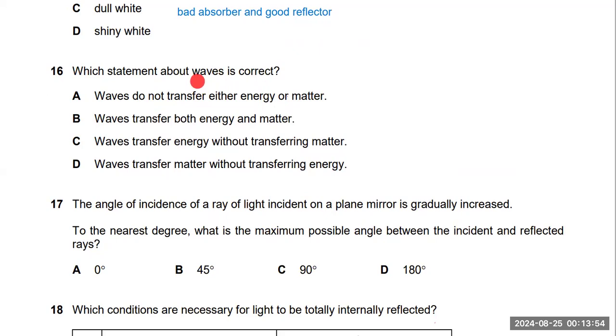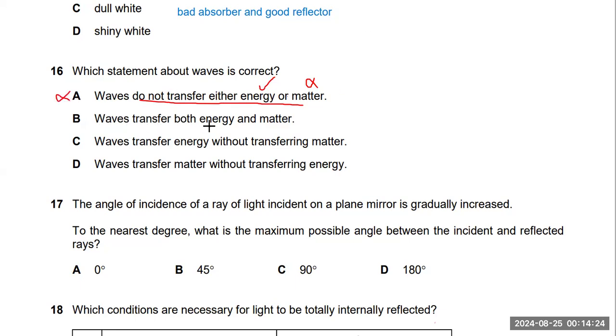Remember, waves transfer energy from one end to another end, but matter is not transferred. This is the definition of the wave. The first option says waves do not transfer either energy or matter. No, energy is transferred, but matter is not. Energy can be transferred, so this is an incorrect option.